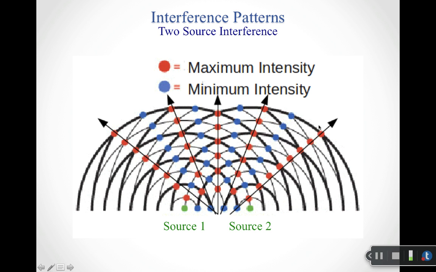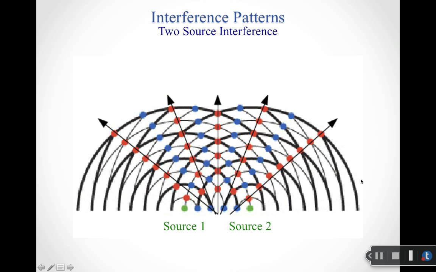How much separation there is between your sources dictates how many of these lines you can possibly have. In this case, we know that we're going to have a path difference of 0 because we always have that one present.